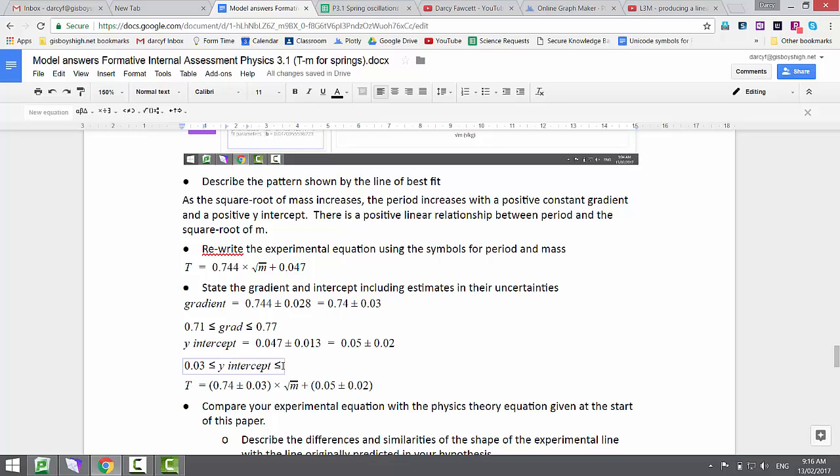And the biggest it could be would be 0.07. Okay, so now we've got our data described in several ways. We've got a gradient with an uncertainty included. We've got a range our gradients could fall between, and we've got our y-intercept given with an uncertainty, and we've got a range our y-intercept could fall in between.